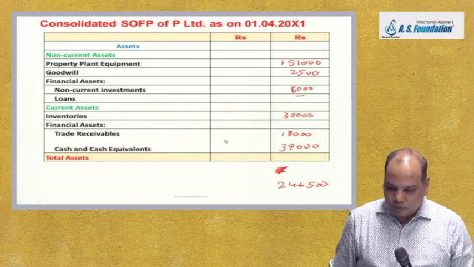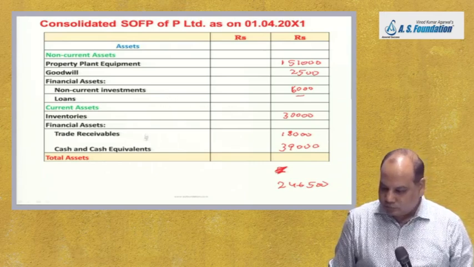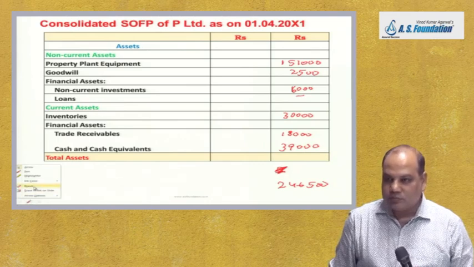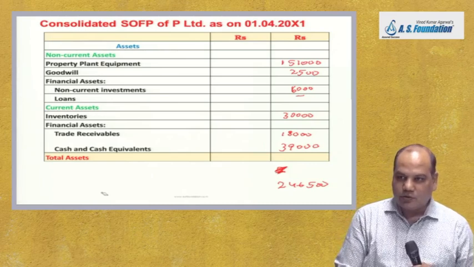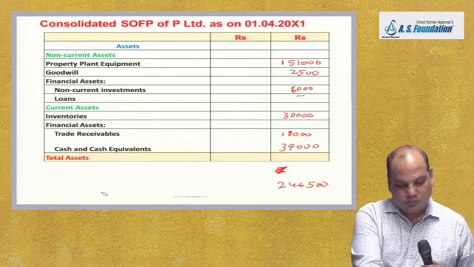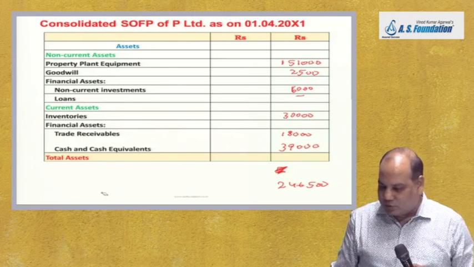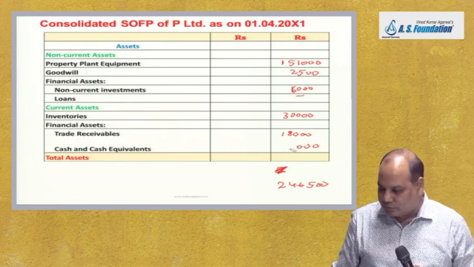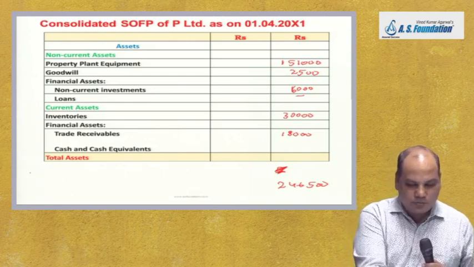Wait. Cash and cash equivalent. How much amount was paid to acquire the shares? 36,000. Is the difference 36,000? Because this cash will be used, no? So make a small adjustment in this cash calculation.